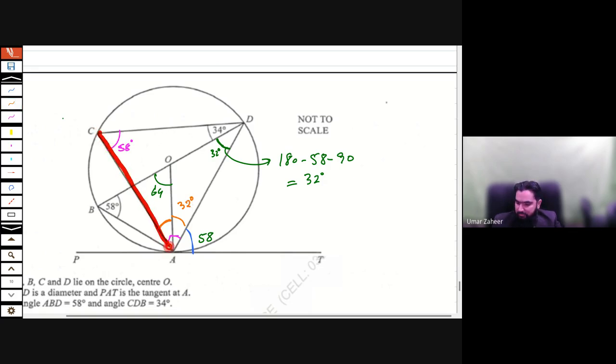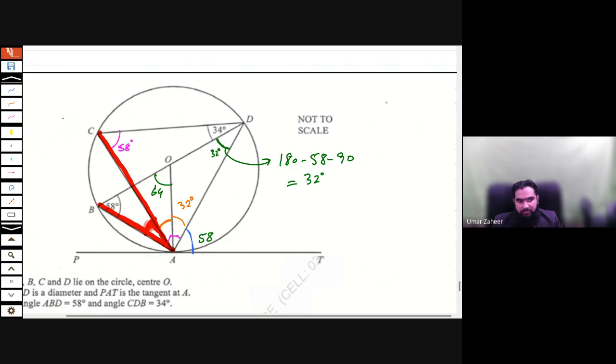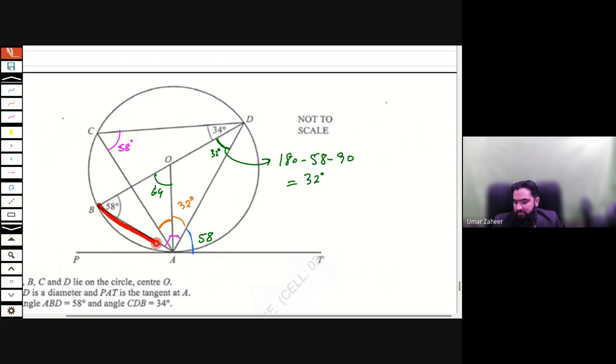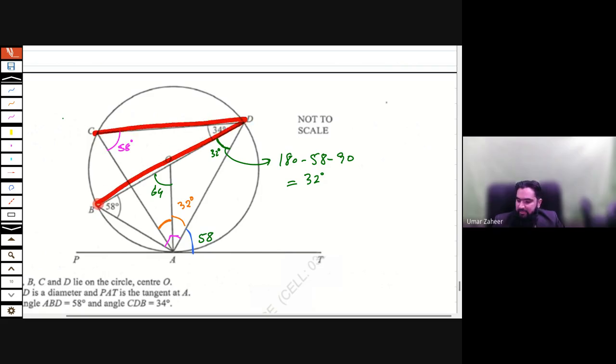This angle is acute. What is the value of this angle? Is there any other angle that is subtended by BC? Yes, sir, 34. Both are subtended by the same segment, so it is 34 as well.